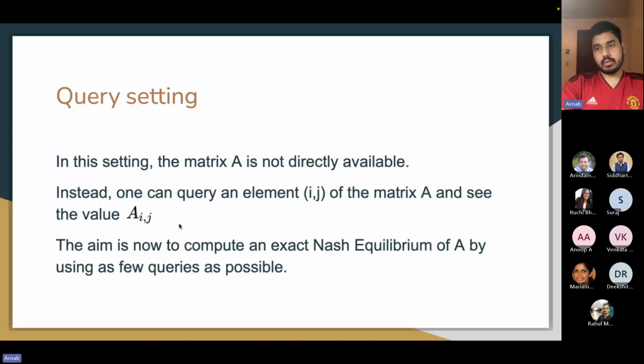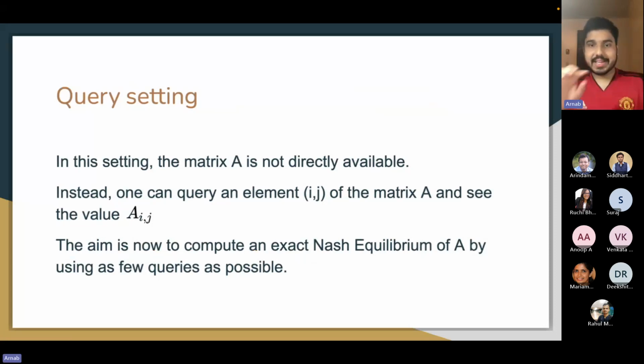So in this case, we are controlling both the players. In some sense, this is just an exploration problem. You are given a matrix A, choose an entry ij and see the value of the entry. And now the aim is to compute the exact Nash equilibrium of A by seeing as few entries as possible.